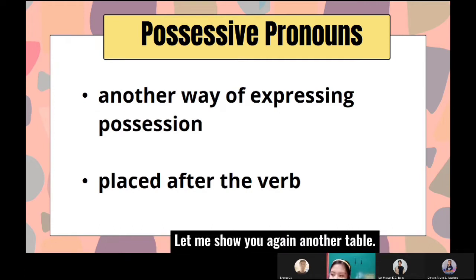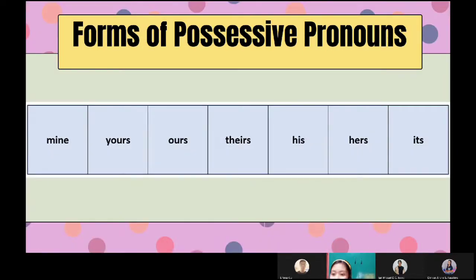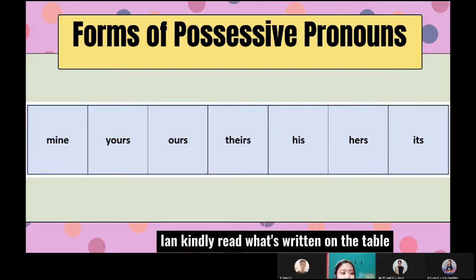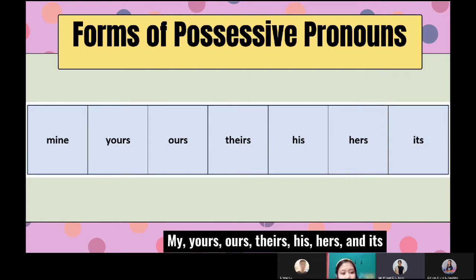So let me show you again another table. Now, Ian, kindly read what's written on the table. Forms of possessive pronouns. Mine, yours, ours, theirs, his, hers, and its.